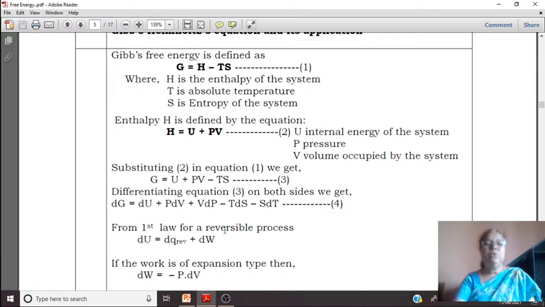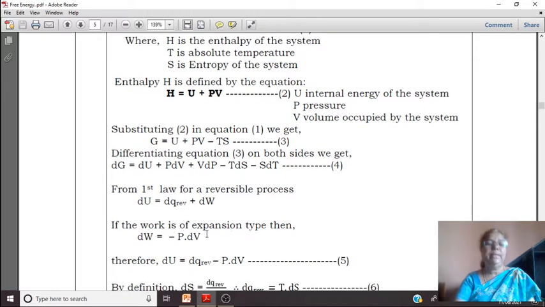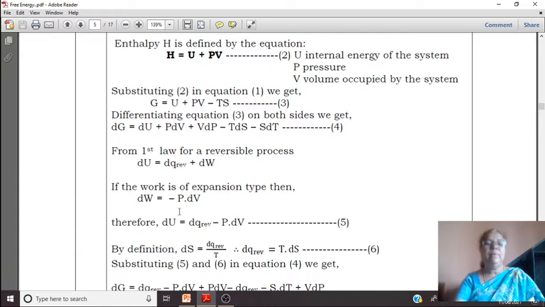Then from the first law of thermodynamics, for a reversible process we can write internal energy dE, and here they have written dU, equal to dq reversible plus dw. If the work is of expansion type, then dw is equal to minus PdV.